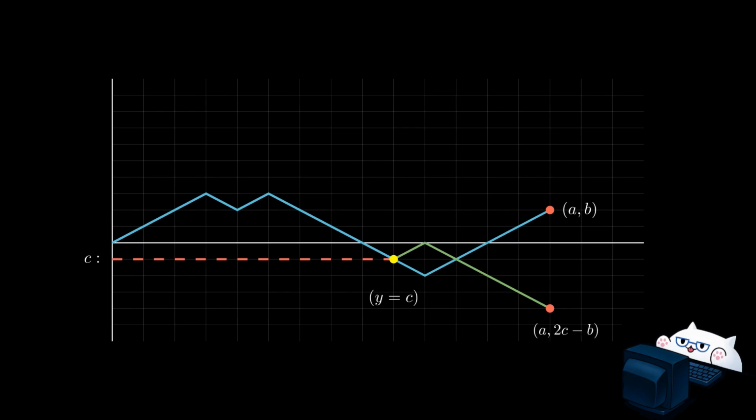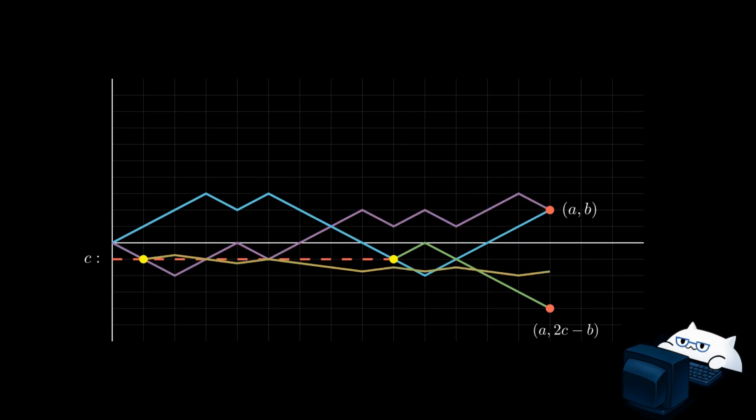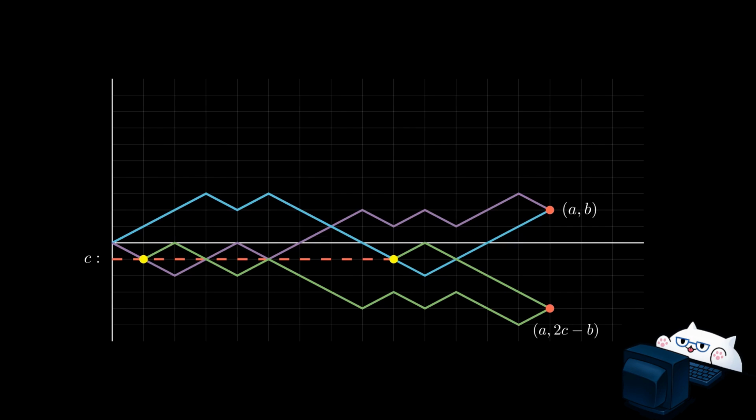See, the last point in the reflection is invariant in all possible polygonal paths, always ending up at 2c minus b. Take our previous purple path as an example.